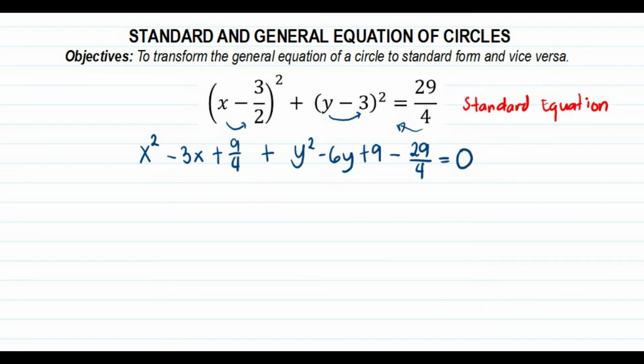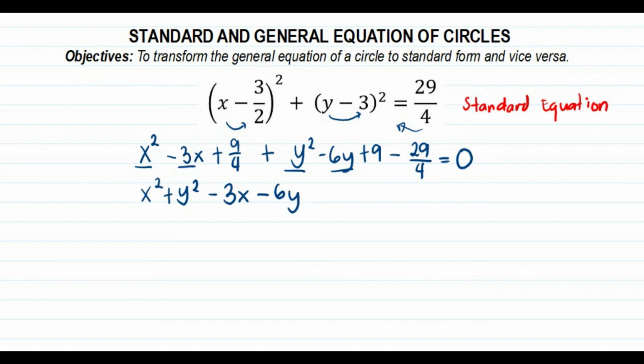Now, we will arrange this according to degree. X squared, then plus y squared. Next is x minus 3x. Next, minus 6y.